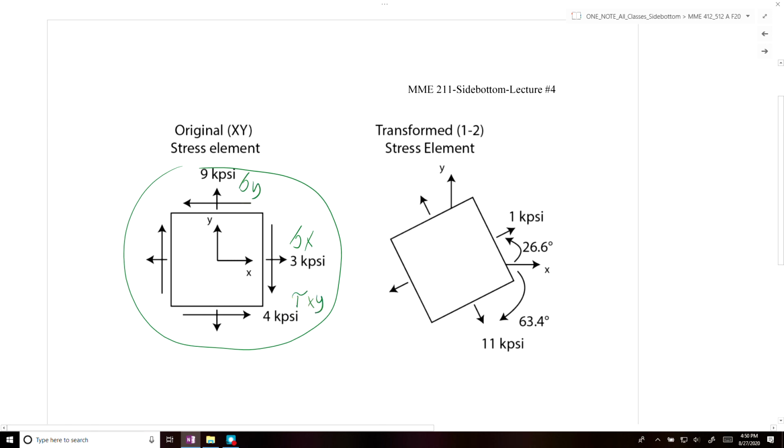After doing our principal stress calculations, we calculated our two principal stresses, sigma p1 and sigma p2, as well as our angle of rotation, theta 1x here. That concludes how you can perform stress transformation using the eigenvalue and eigenvector formulation.